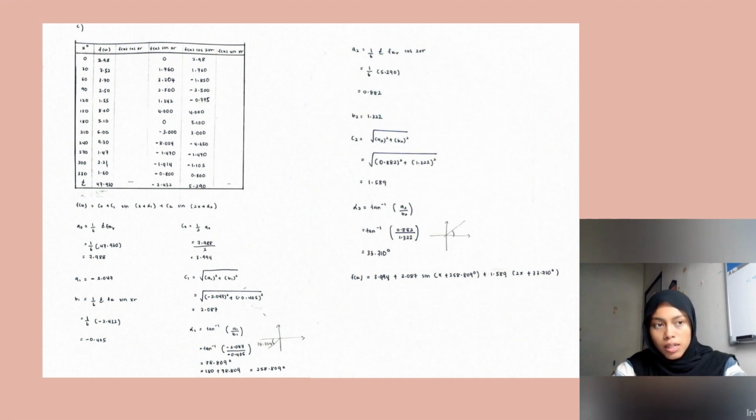After we get all the values, we put them into the formula. So the overall formula is f(x) equals 3.994 plus 2.087 sin(x plus 258.809) plus 1.589 sin(2x plus 33.710 degrees).